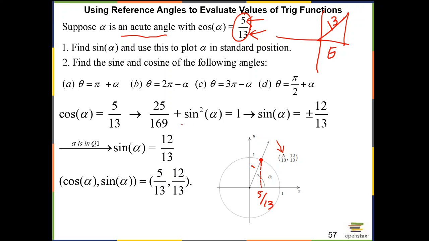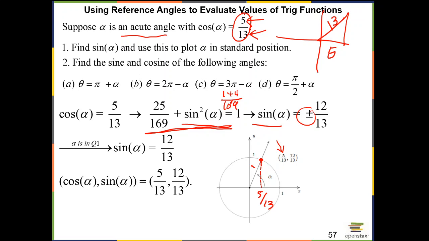And so if x is 5 over 13, we can find sine by using this identity again. Remember the identity? Cosine squared plus sine squared has to equal 1. So we raise the cosine to the second power, we get 25 over 169. And then isolating sine, we get plus and minus 12 over 13, because 1 minus 25 over 169 is 144 over 169.